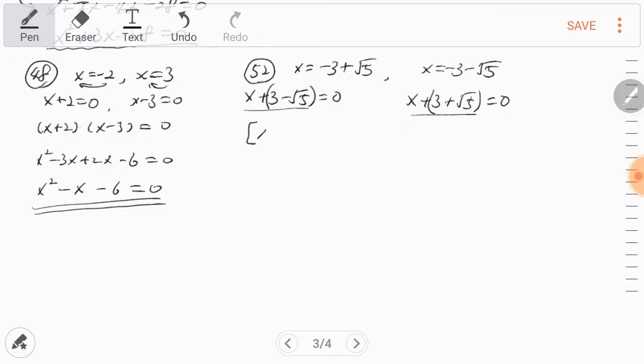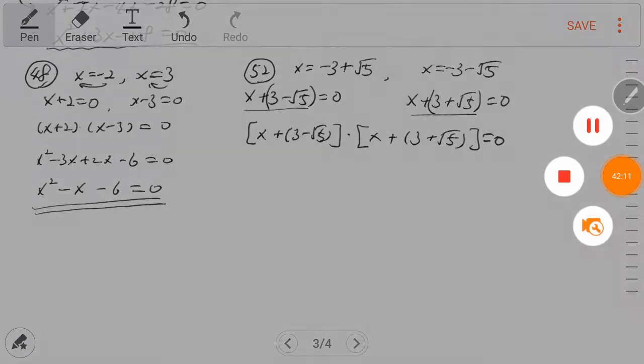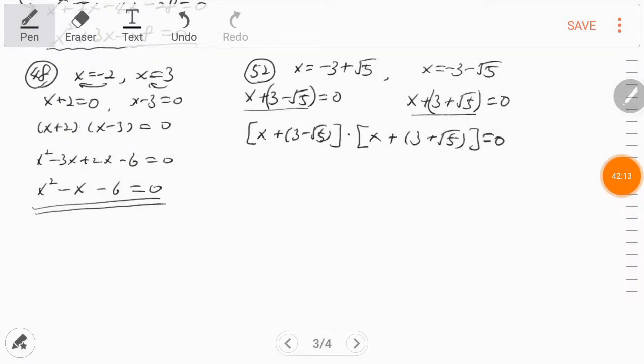then that will be equal to 0. So x plus 3 minus square root of 5, times x plus 3 plus square root of 5, is equal to 0. Okay, then let's use the FOIL method. x times x is x squared.